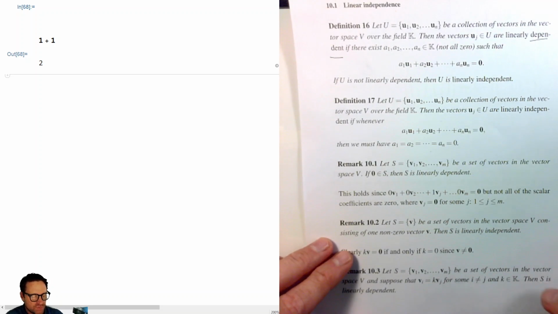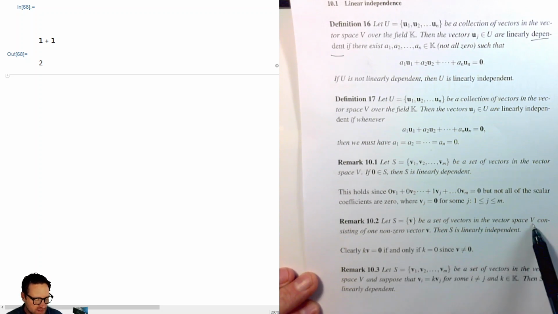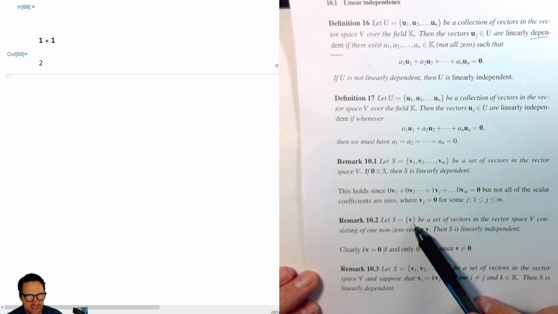Okay, remark 10.2. Let S be the set containing just the one vector V in the vector space V. Then that's linearly independent. Let's see why.